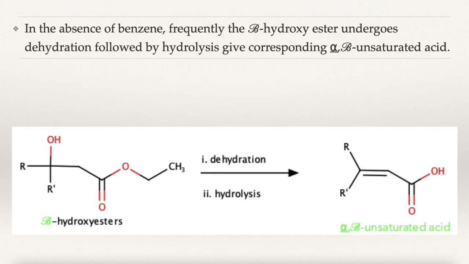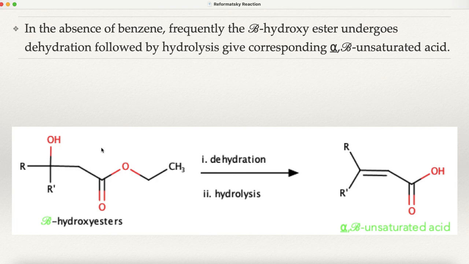In the absence of benzene, frequently this beta hydroxy ester undergoes dehydration. Dehydration occurs by elimination of hydrogen from the alpha carbon and hydroxy group from the beta carbon. There is the formation of alpha beta unsaturated ester followed by hydrolysis.